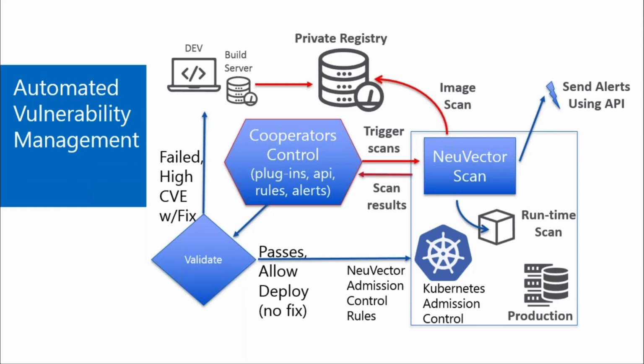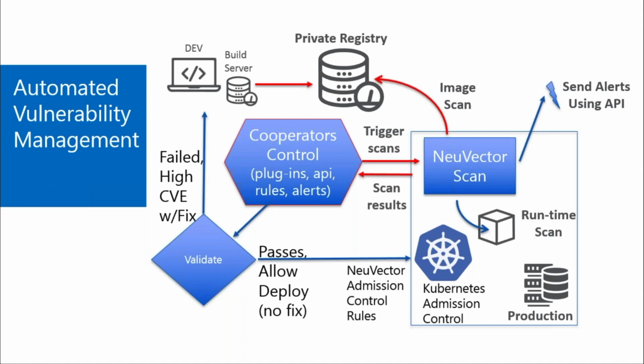One simple example is that we allow only images from the private registry. So that has to be passed. The second simple admission control rule is that if your image has a high CVE with a vendor fix, it will not be allowed to go into deployment. All these admission controls and policies we have defined are given to our developers and application teams, saying that you have to fulfill this.